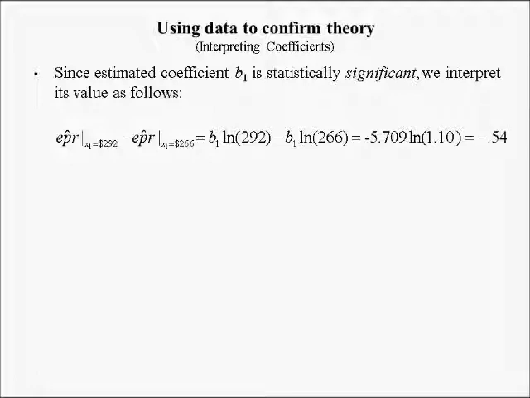Okay. Now, the way this works is we're factoring out the B1, right? So B1 times, say, 4 minus B1 times 2 is the same thing as B1 times 4 minus 2. So that's what we're doing here. We're logging it, we're factoring out the B1. And B1 was just equal to minus 5.709. So minus 5.709 times the log of 1.1 is a negative 0.54.